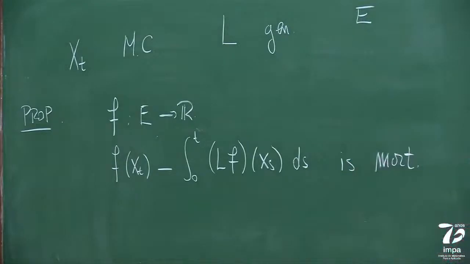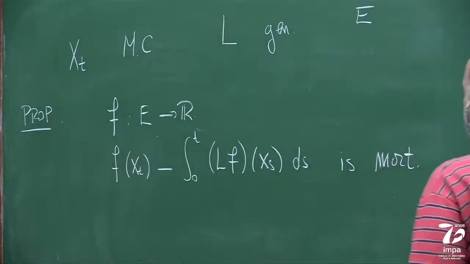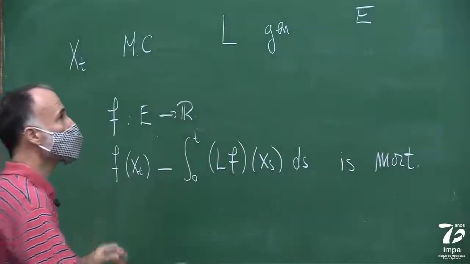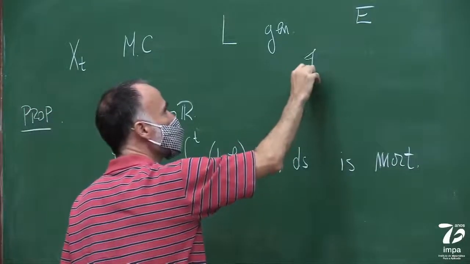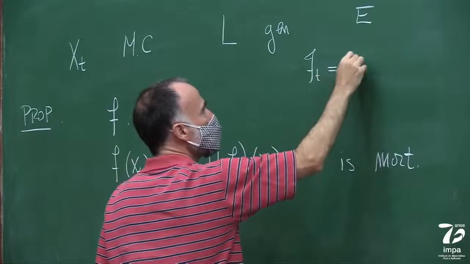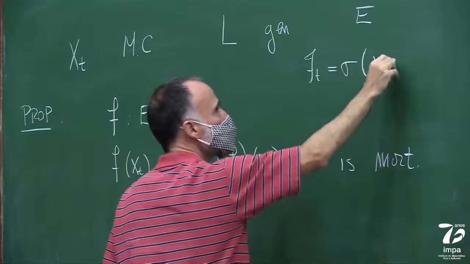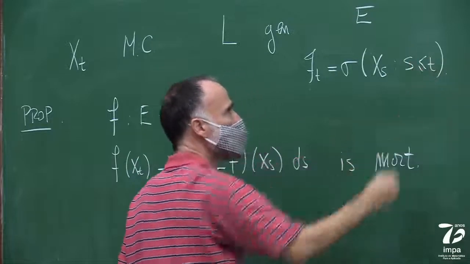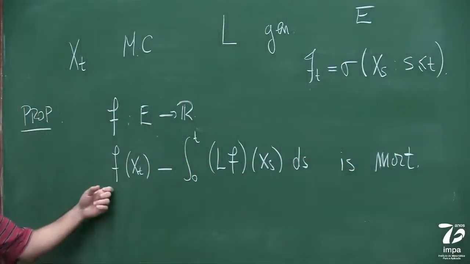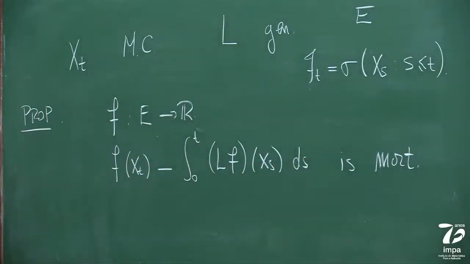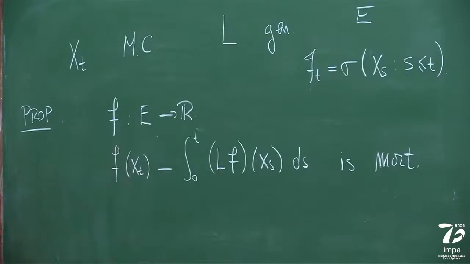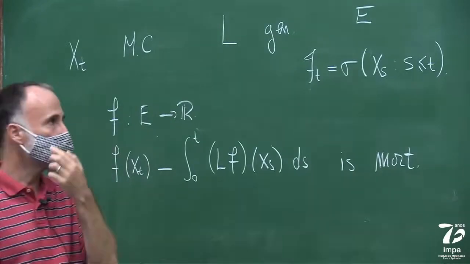Okay, so let me prove this first result. So let's go back to the definition. Here, what is the filtration I'm working with? Well, the filtration F_t will be just the sigma algebra generated by X_s for s less or equal than t. So it's clear that this variable is F_t measurable. Since we are working in a finite state space, f is bounded, so it's clear that this object is also bounded and therefore integrable.